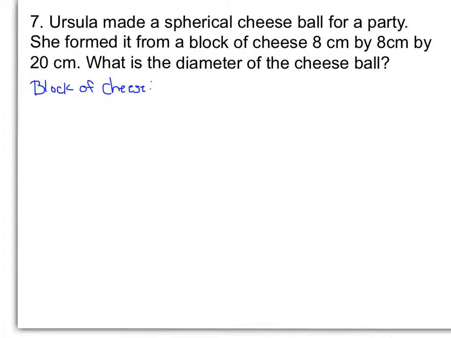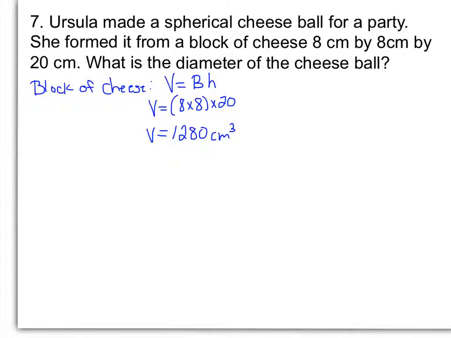We're talking about a prism here, so volume is going to be capital B times height. So volume will equal 8 times 8 times 20, or 1,280 centimeters cubed. So that's the volume of the cheese.